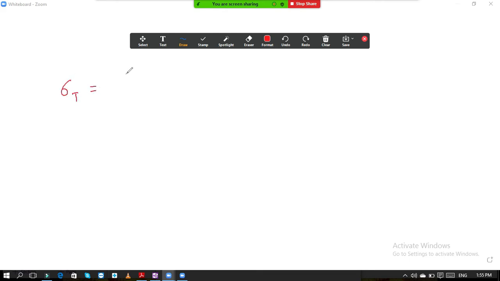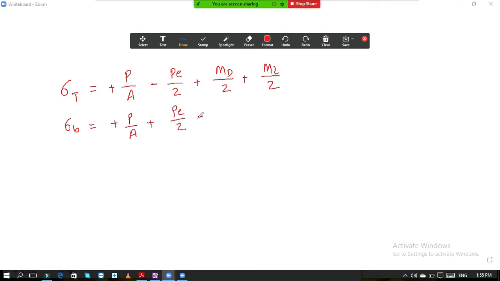It is P by A, which is always plus, then Pe by Z, which is minus at top, plus Md by Z plus Ml by Z. And at bottom it is plus P by A plus Pe by Z minus Md by Z minus Ml by Z.